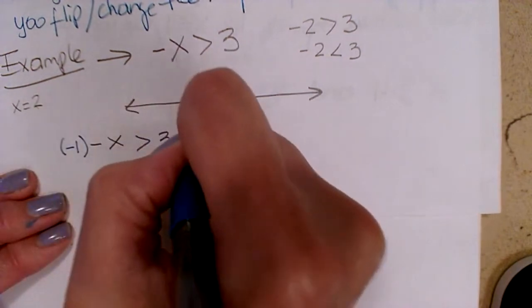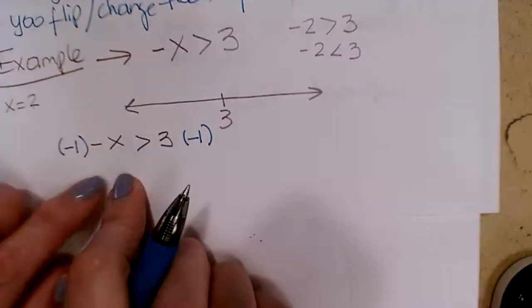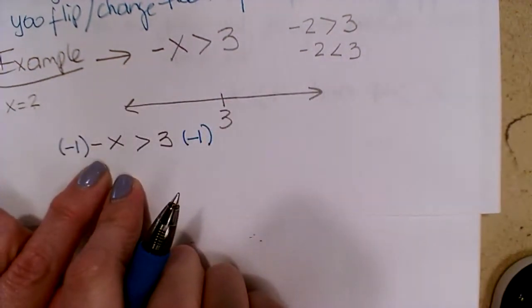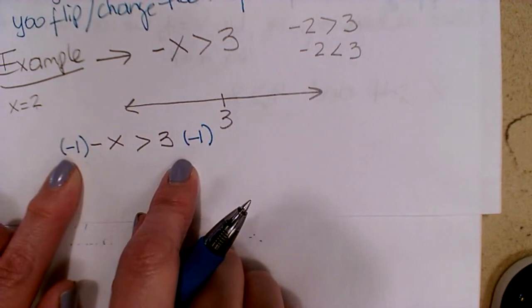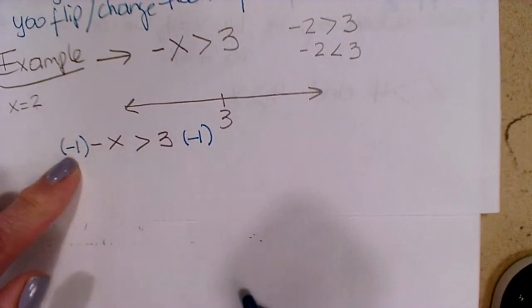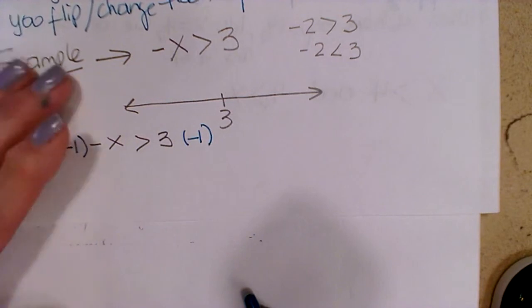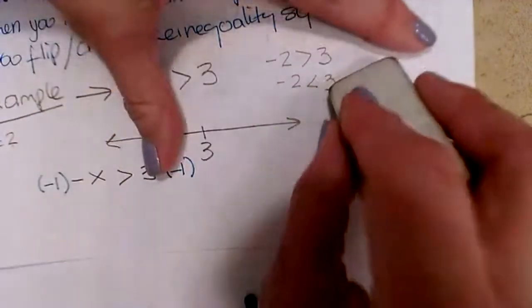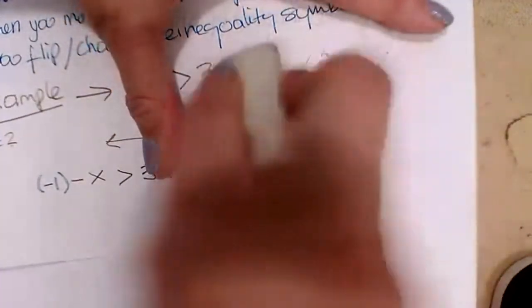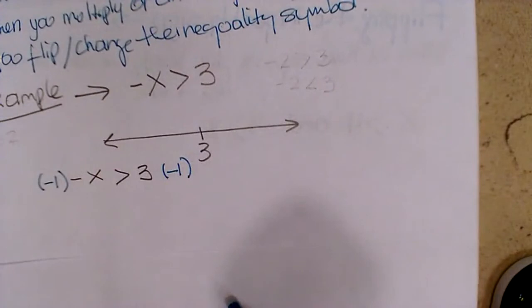I'm multiplying by negative 1 on both sides. Okay? Right? I take back this part that I just said. Erase that from your brains, guys.